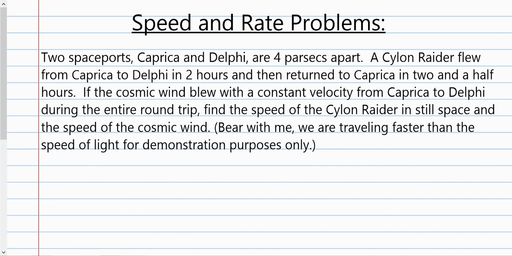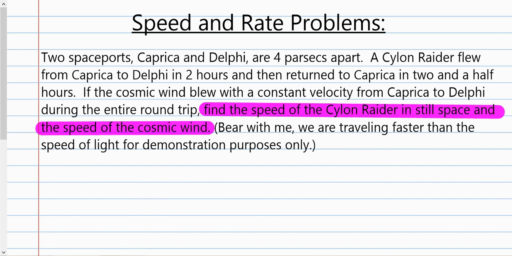So again, we are looking for our variables, and I want to find the phrase that's going to tell me what my variables are. As I'm reading through here, I want to find the speed of the Cylon radar in still space and the speed of the cosmic wind. So as I go to write my variables, again, use full phrases.